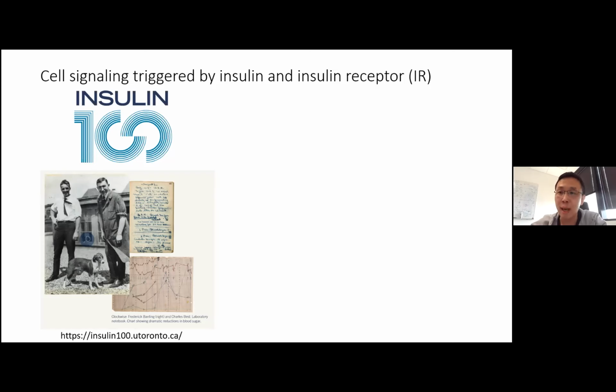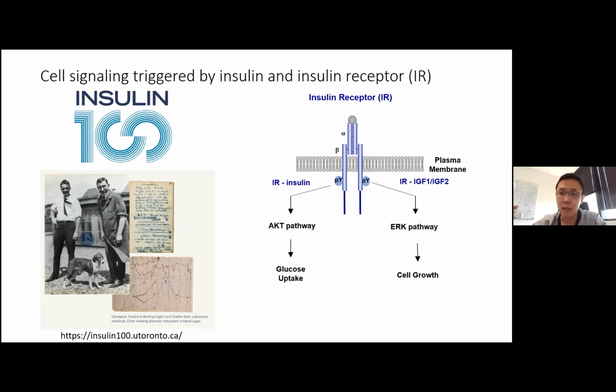The reason behind this is that the way insulin activates the receptor is quite complicated. Firstly, as I mentioned, the insulin receptor can be activated by insulin, and this activation leads to the AKT pathway, and the cell uses the insulin-activated insulin receptor to control glucose uptake.